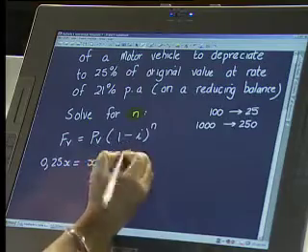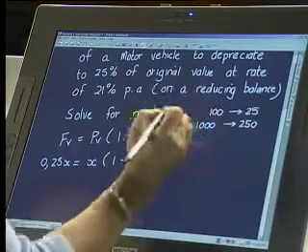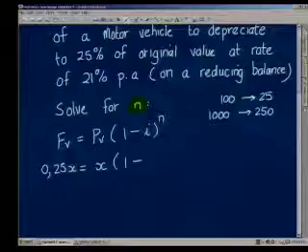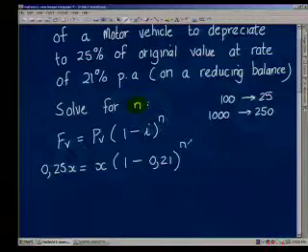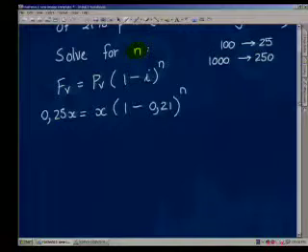Then, because it's on a reducing balance, you've chosen the right formula. And what are we going to substitute in here for i, Kashif? 0.21. There we go. And then our n is actually the thing that we're trying to solve for. Now, our next step is to get this into a form where we can solve for n.